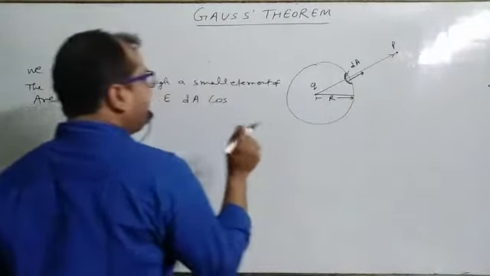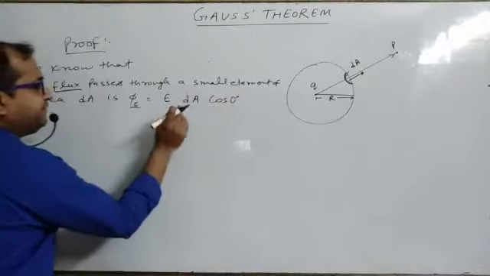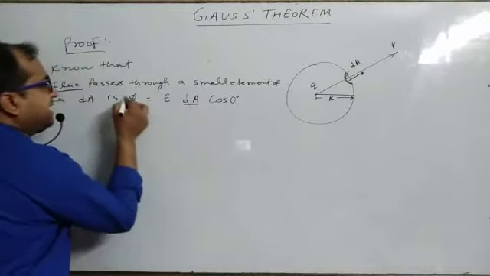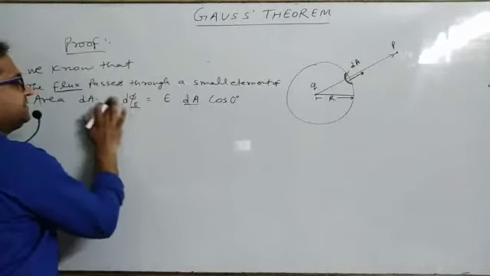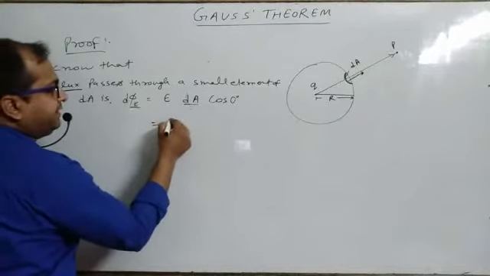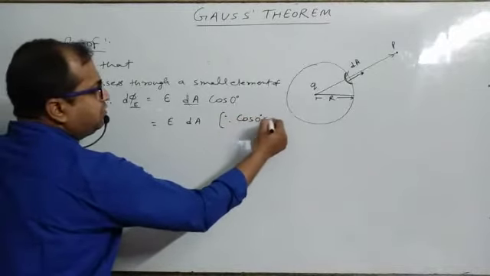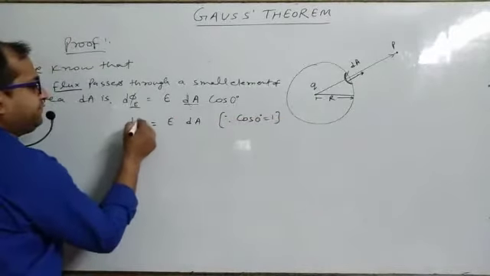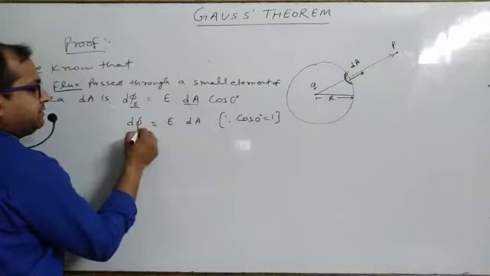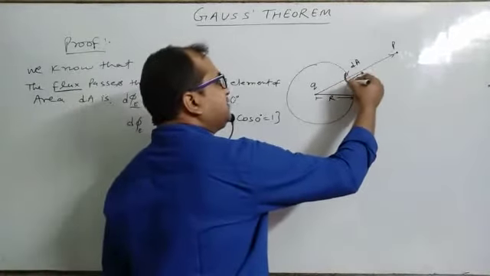So the angle between area and electric field becomes 0 degrees. If this is the dA, this is also d phi. E into dA, because we know that cos 0 is equal to 1. d phi E is the electric flux that passes through this surface.